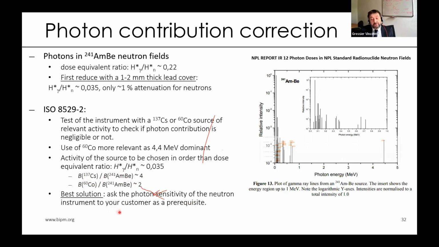But the best solution by far is to ask for the photon sensitivity of the neutron instrument, determined before by your customer, because you are just there to produce neutron calibration. So you should ask for it as required a priori information.